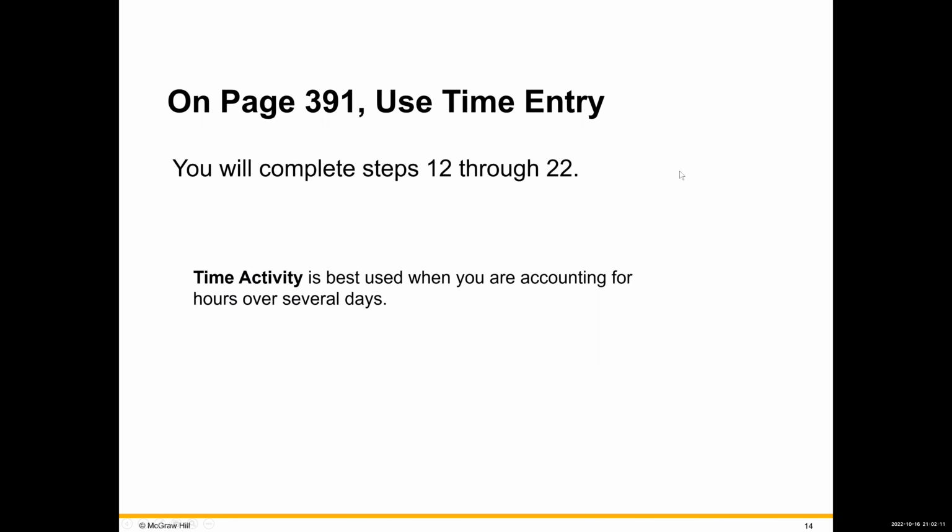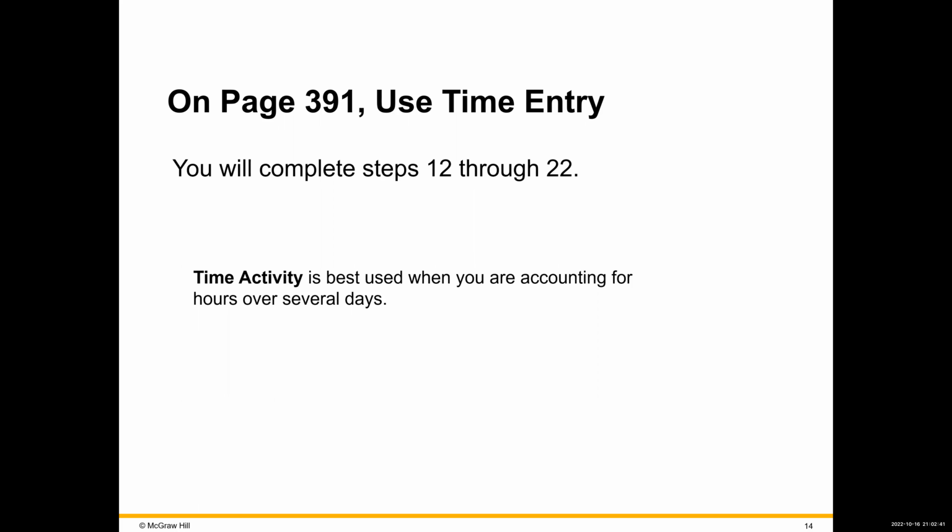Now, this is where it gets kind of interesting. On page 391, we are going to use the time entry. You know, in the old version, there was a single time activity and also this time activity. And time activity was really best if you were going to put in hours over several days. But I think the version that we have, they took that out, that single time activity.